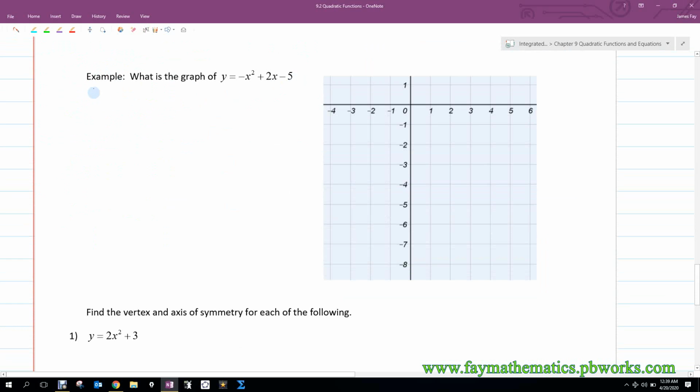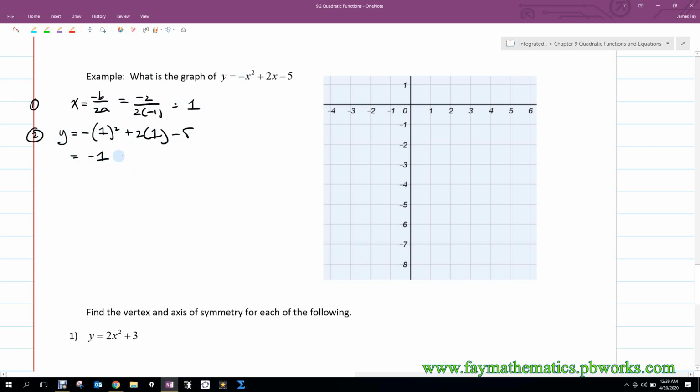Alright, so do this last one here. Opposite b over 2a, so it'd be negative 2. 2 times negative 1, so it gives me an x-coordinate of 1. Figure out what the y-coordinate is, so y will equal the opposite of 1 squared plus 2 times 1 minus 5.